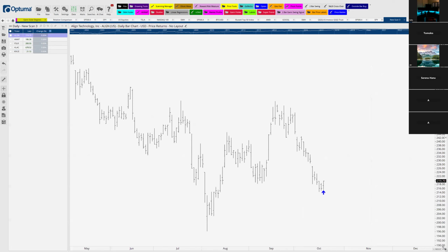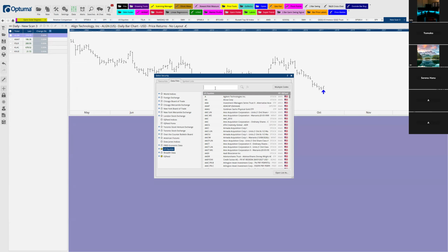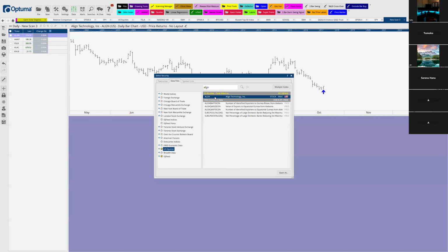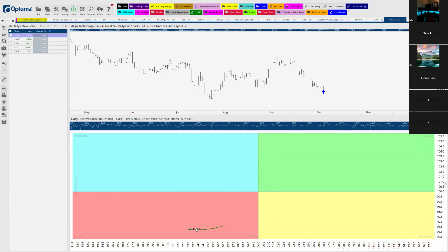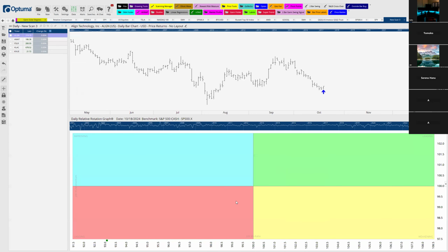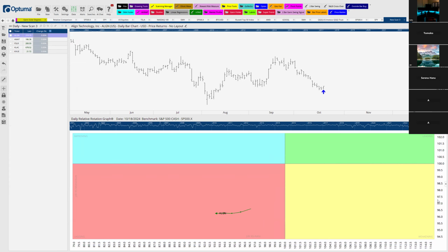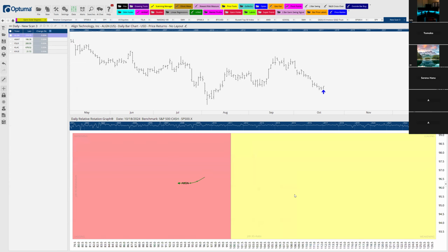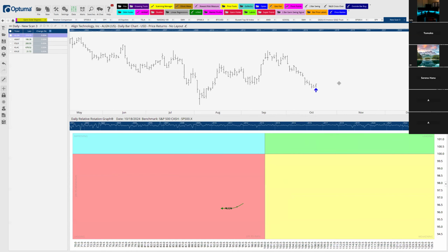Let me see where this thing is on RRG. Oh, there you go. It changed. It's kind of flat. It's flat, but it can turn. That'll be nice.